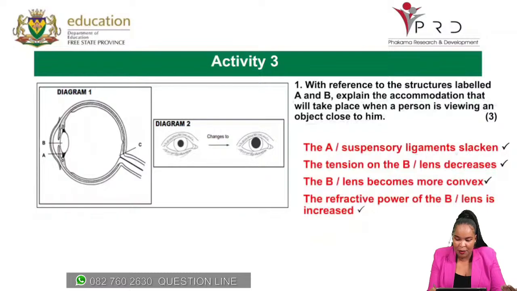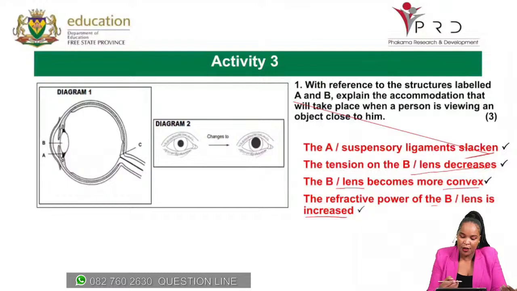The suspensory ligaments are going to slacken. The tension on B is going to decrease. Then the lens is going to become more convex, and the refractive power of the lens is going to increase, therefore forming a clear image on the retina.